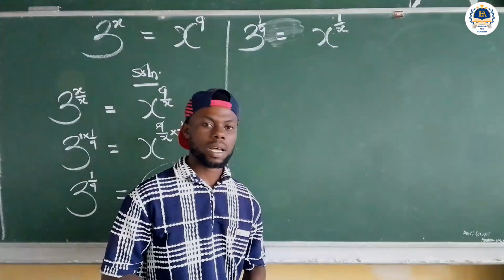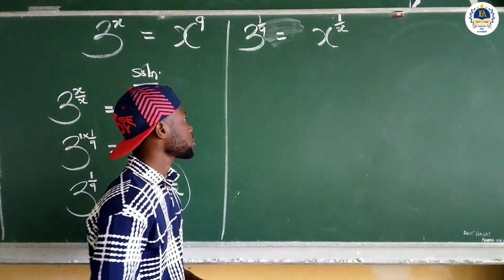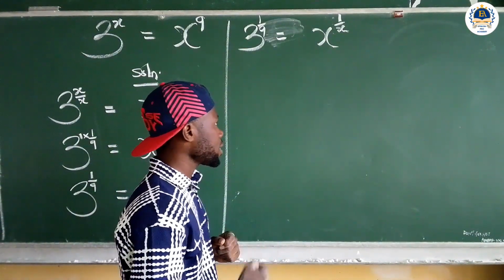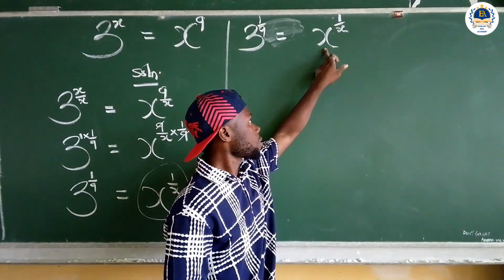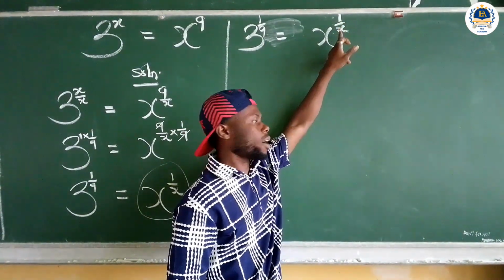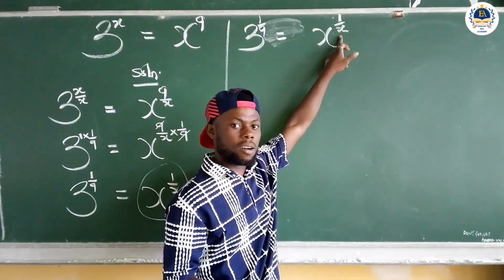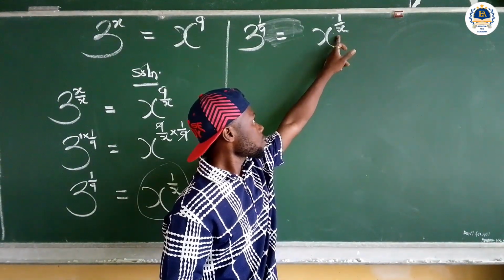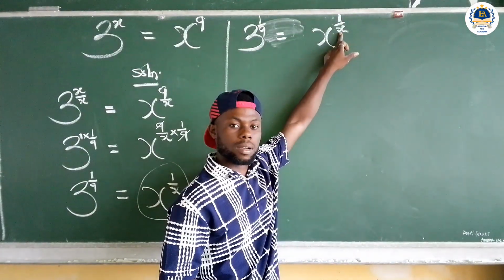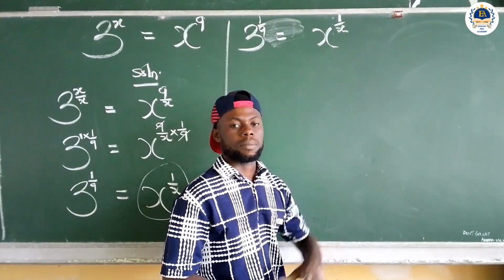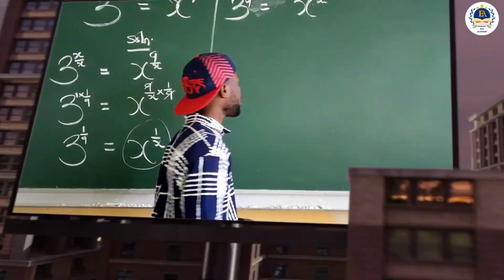Now, what we are trying to establish is that since the right hand side is x raised to the power of 1 over x, we observe that the base and the denominator of the fractional power is the same.